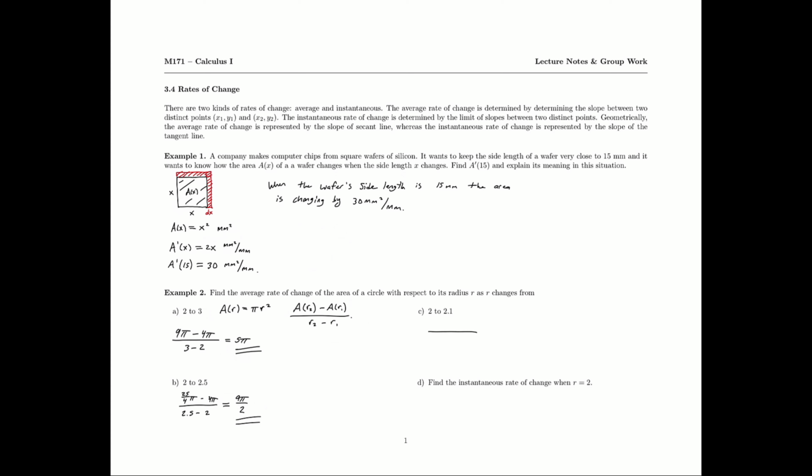If we square 21 tenths, this would be 441 over 100 pi minus 4 pi all over 1/10, which comes out to 41 pi over 10, which is about 4.1 pi. So you can see a trend here. We're going from 5 to 4.5 to 4.1. We're just refining what's going on here.